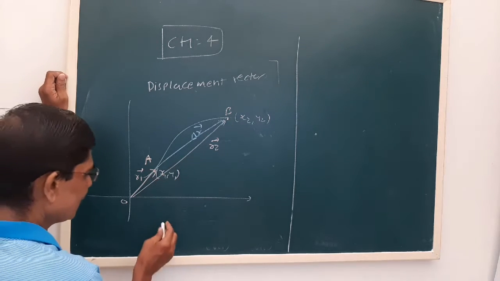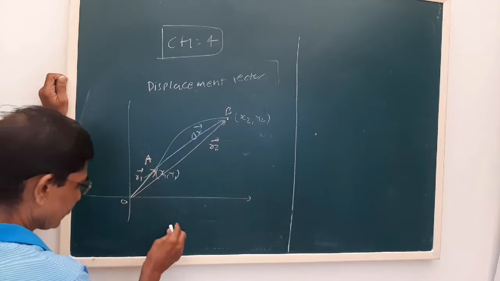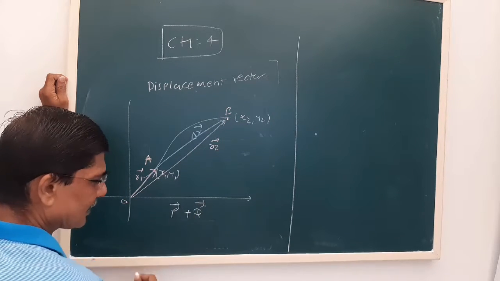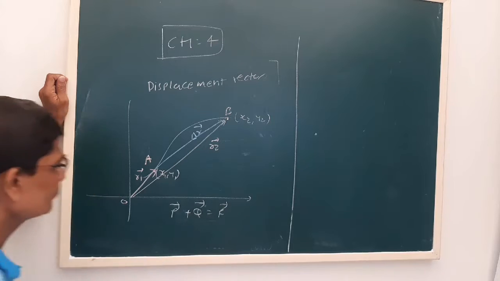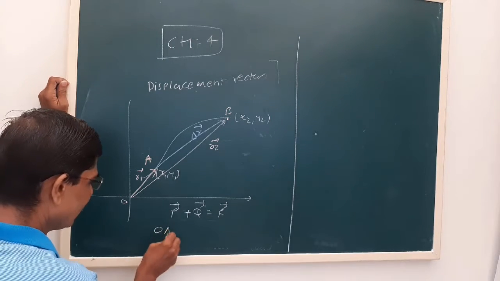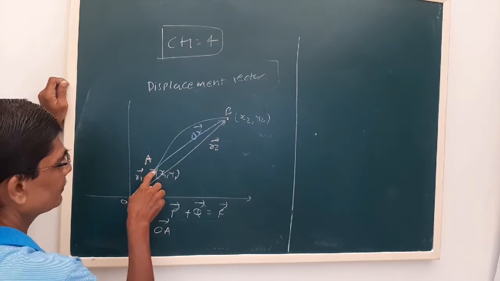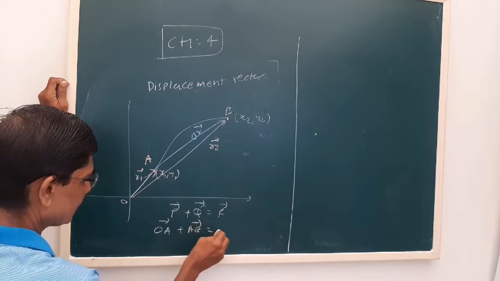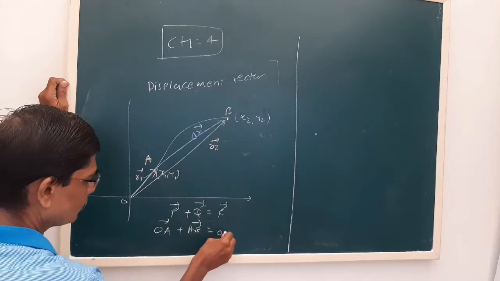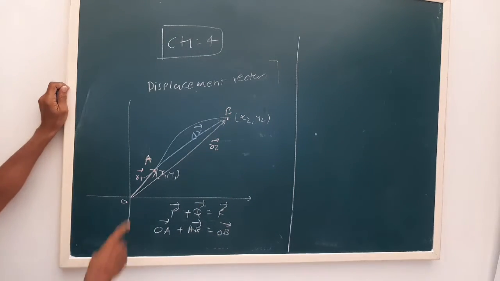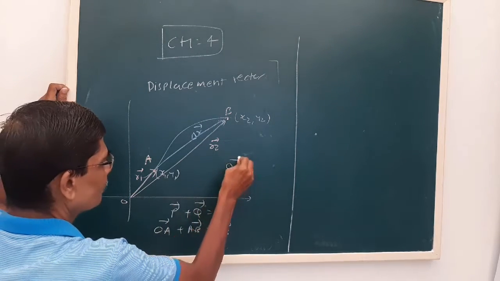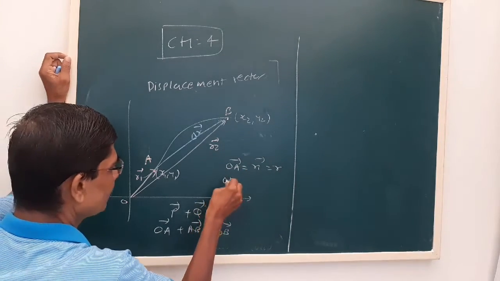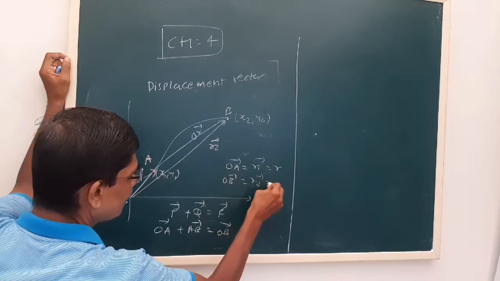The triangle law says that on the head of the first vector we keep the tail of the second vector, and the third side is the resultant. Here also, on the head of OA we have kept the tail of AB, and the third side is the resultant. OA is nothing but R1. The book says R, and OB is R2, which they have called R dash.